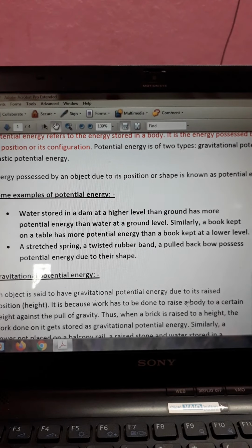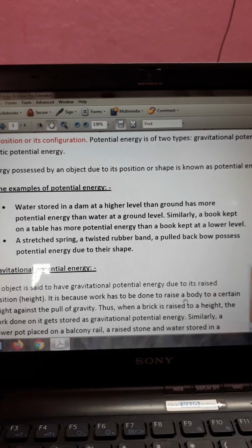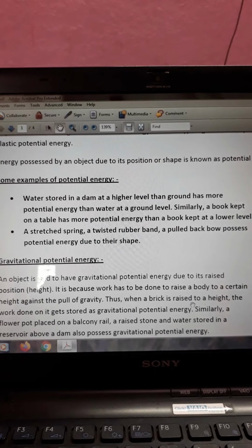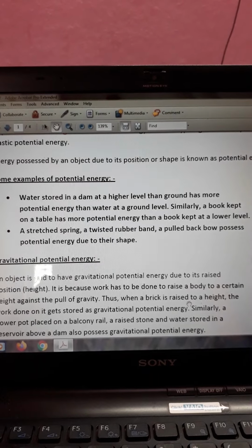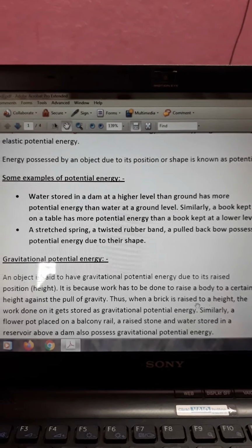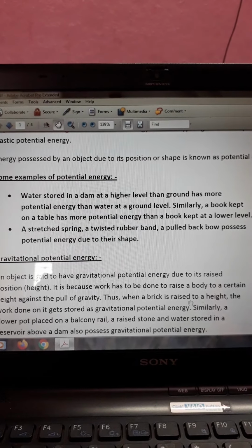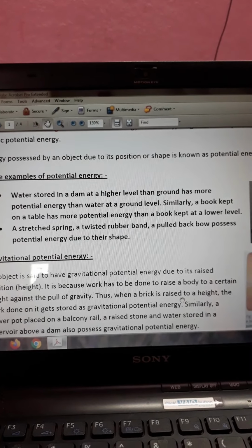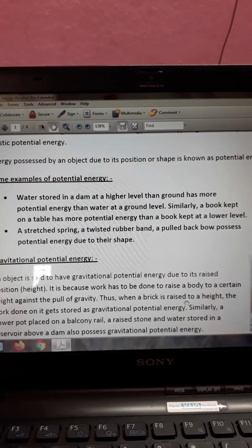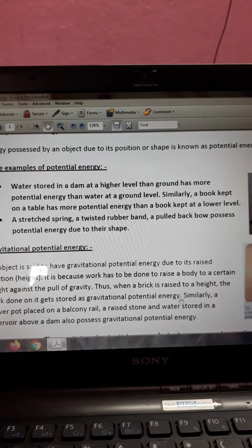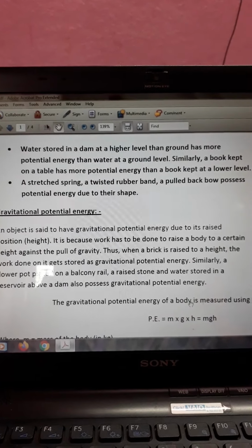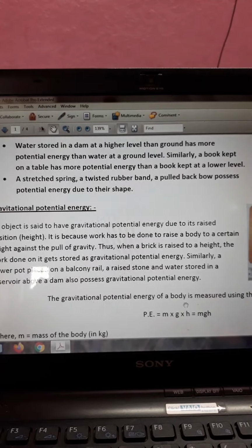Thus, when a brick is raised to a height, the work done on it gets stored as gravitational potential energy, because that work was done against the pull of gravity. Similarly, a flower pot placed on a balcony rail, a raised stone, and water stored in a reservoir above a dam possess gravitational potential energy.